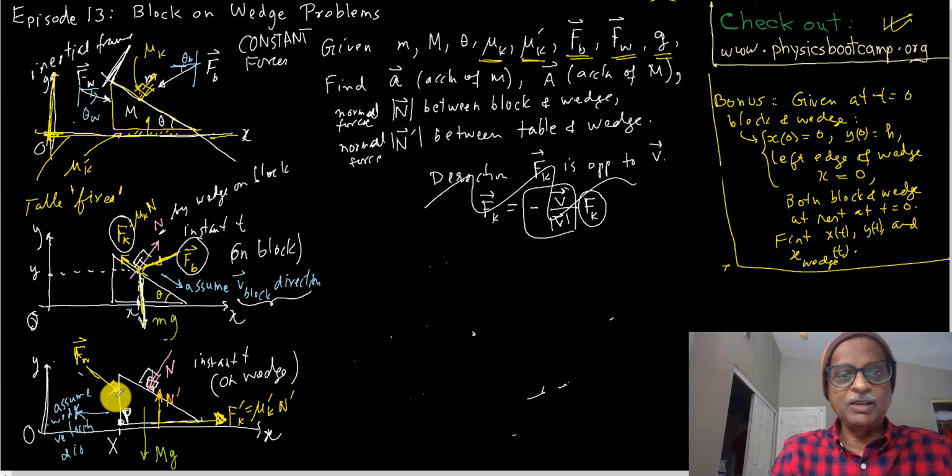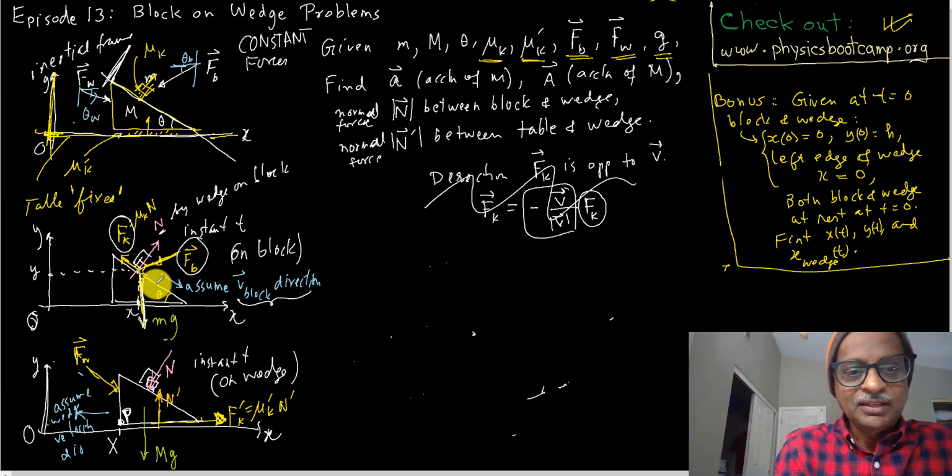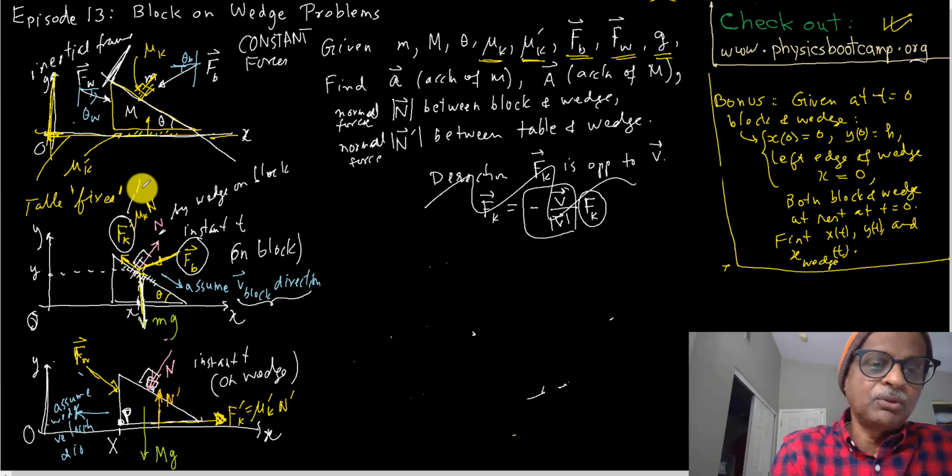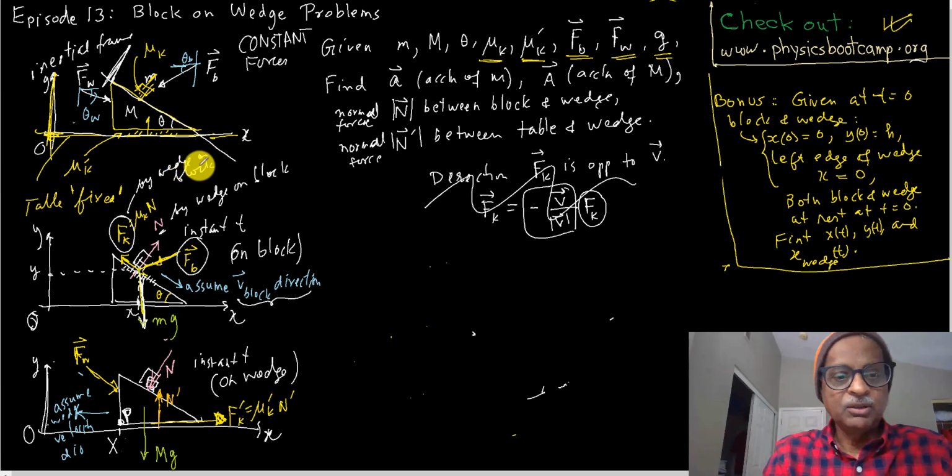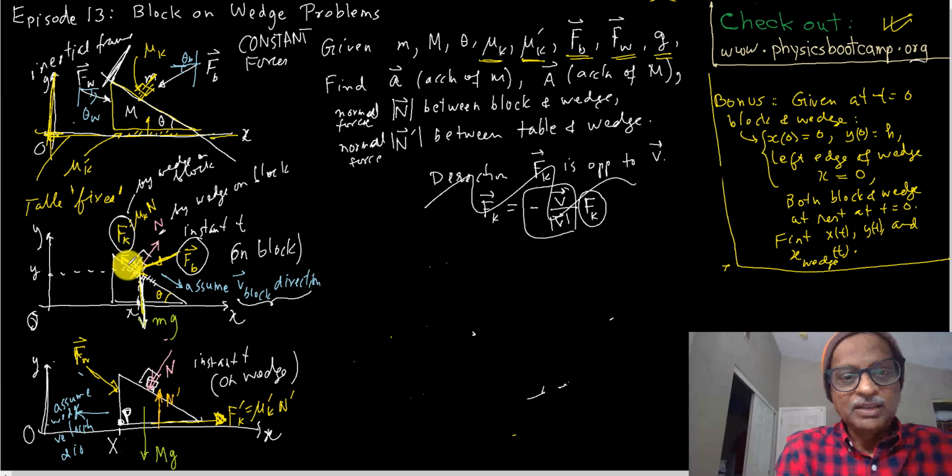And I see this Fk is applied by the wedge on the block, so similarly, if that's the Fk that way, there will be an Fk pointed down, which I forgot to include.